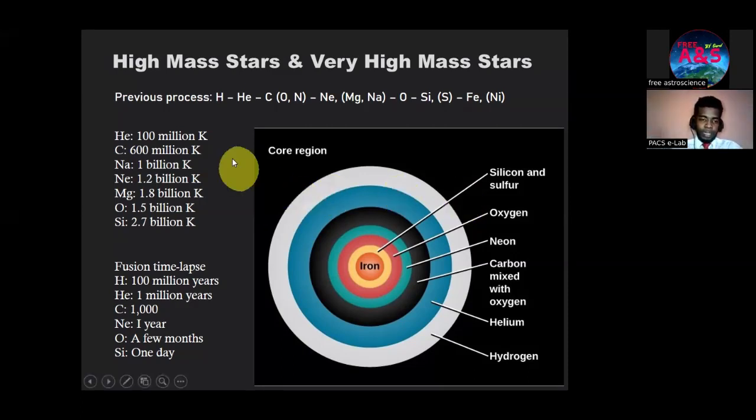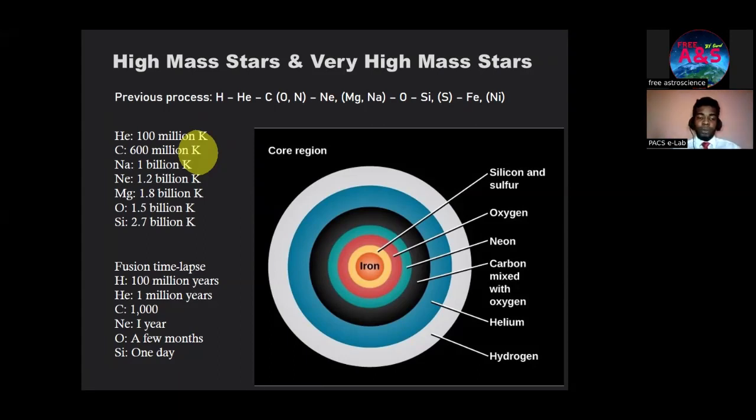So look at the temperatures here. The minimum temperature required to fuse helium is 100 million Kelvin. I've mentioned that before. When helium is fusing to produce carbon, there is going to be contraction and the heat is going to increase.